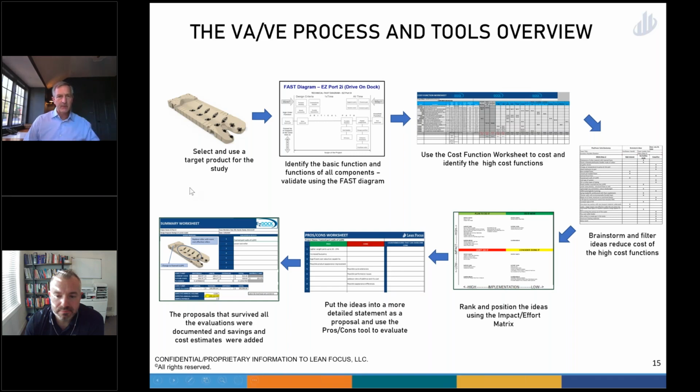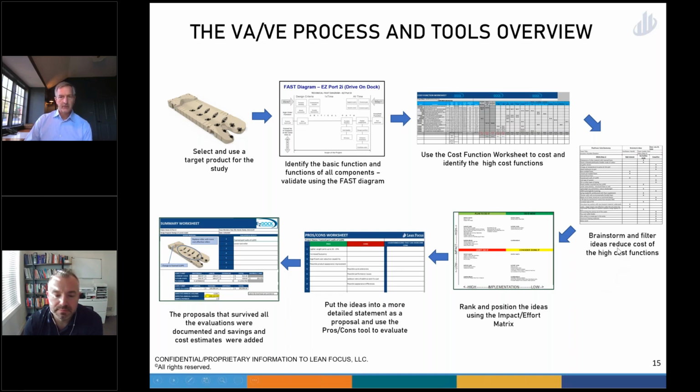We start by selecting our target product. We go through the FAST diagram process, which is looking at the function of each of the products and the interdependencies of the functions. And we look at the cost function worksheet, which takes all the costs of the product assembly and arrays it by part, so you know the cost of each component and you can evaluate that from a value perspective.